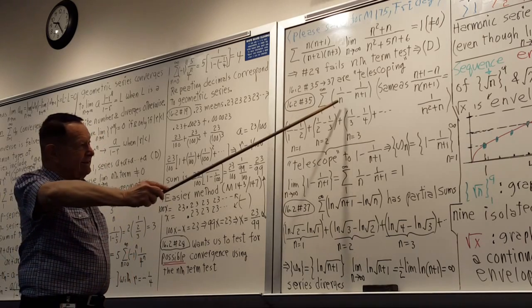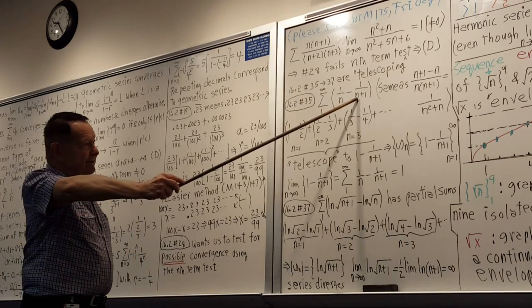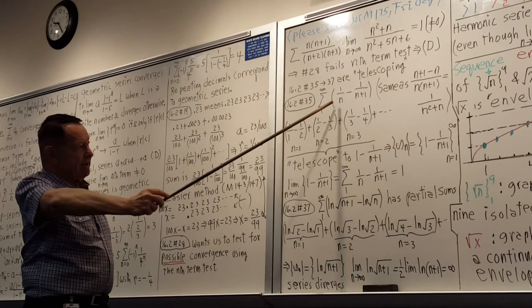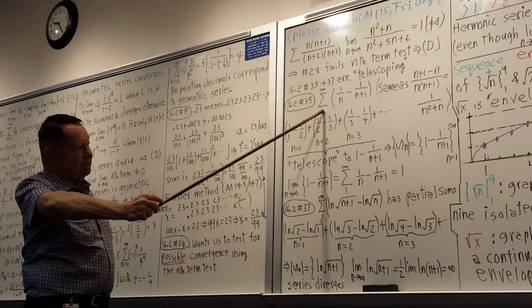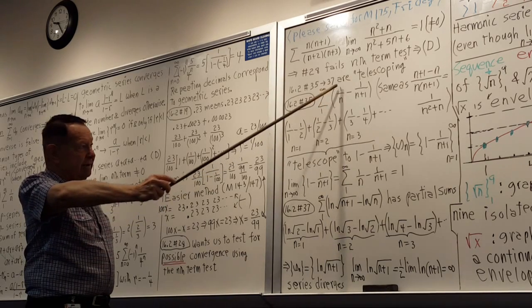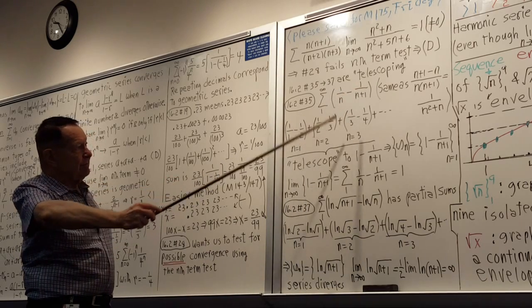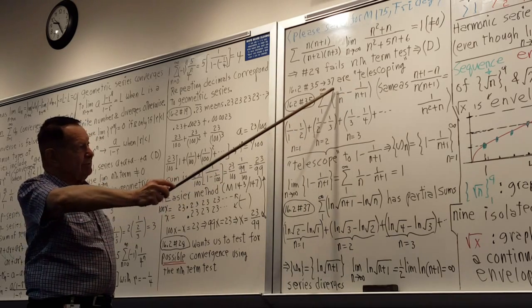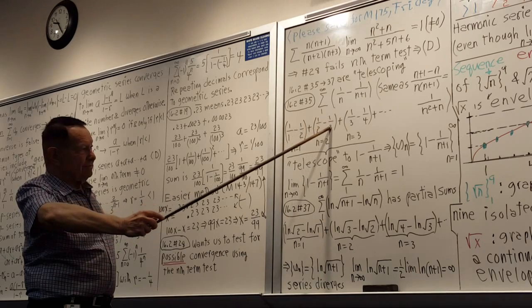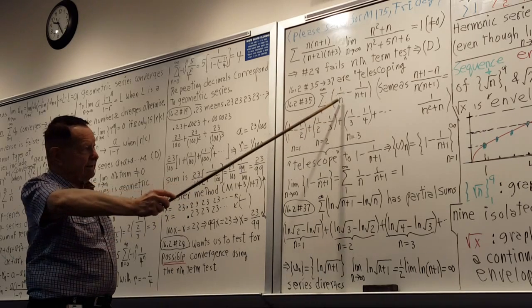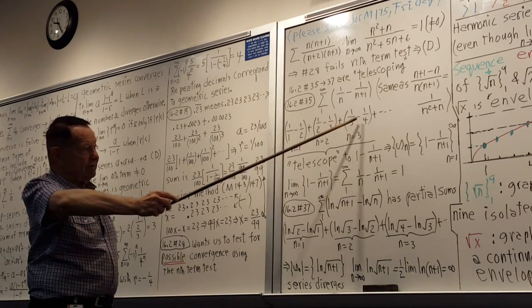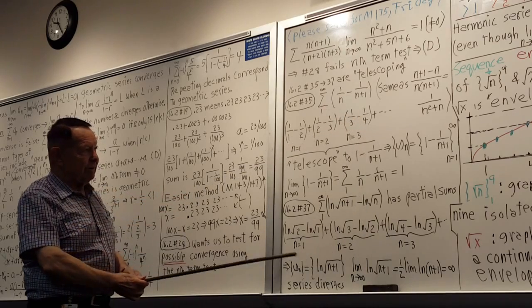So a series like this does this because if you first write some terms, say n is 1, you have 1 over 1 minus 1 over 2, and then when n is 2, you have 1 over 2 minus 1 over 3, and then when n is 3, you have 1 over 3 minus 1 over 4.